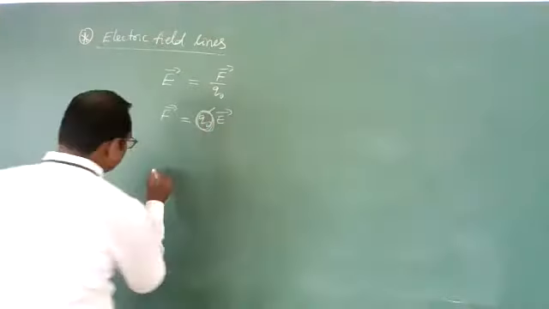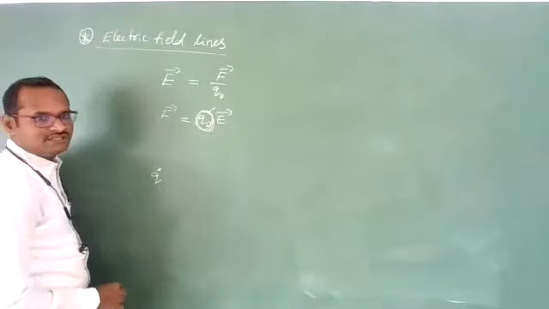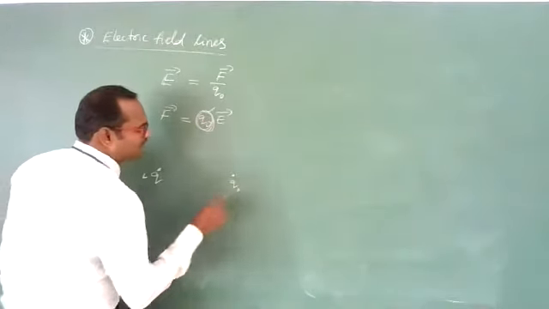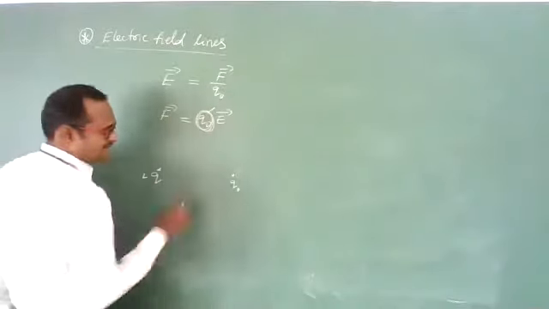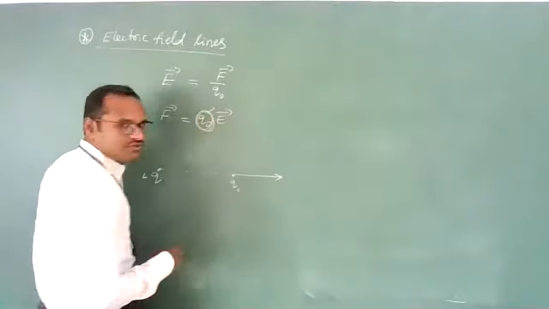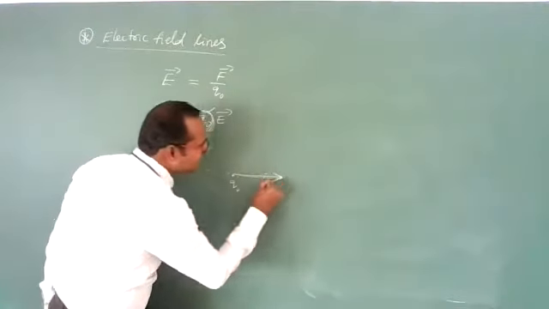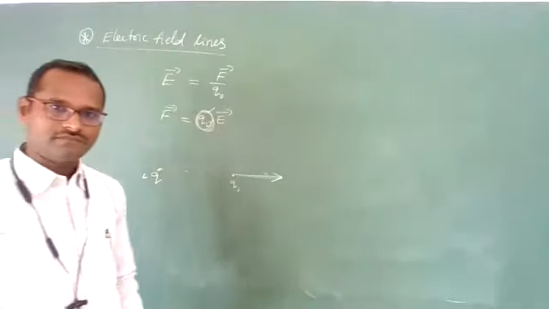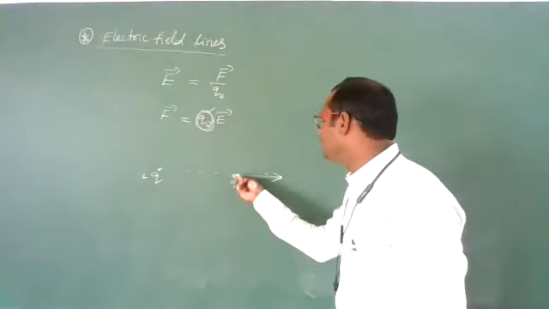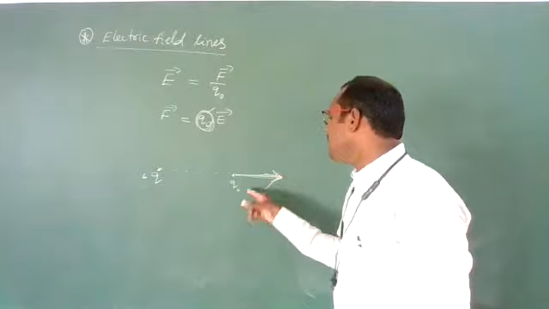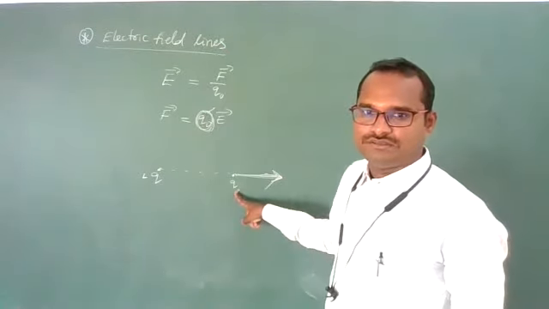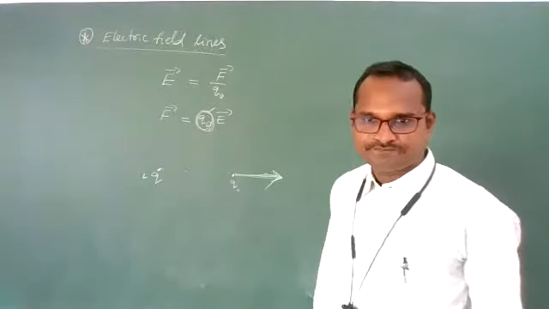Now let us imagine a source charge Q placed here, a positive charge, and here a unit test charge is placed. On this, an electrostatic repulsive force will act in this direction. So this direction is called the electric field line. Electric field lines are the path in which this positive test charge will move if it is free inside this electric field.